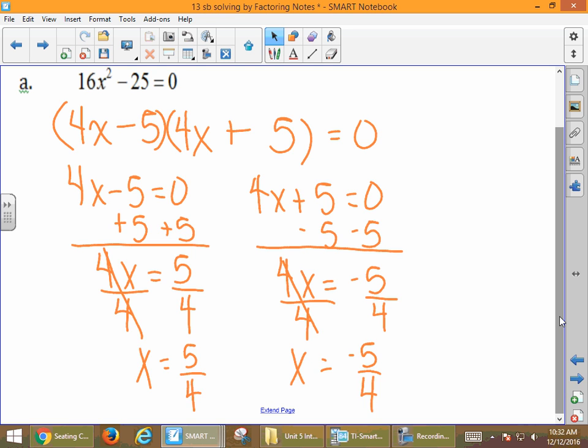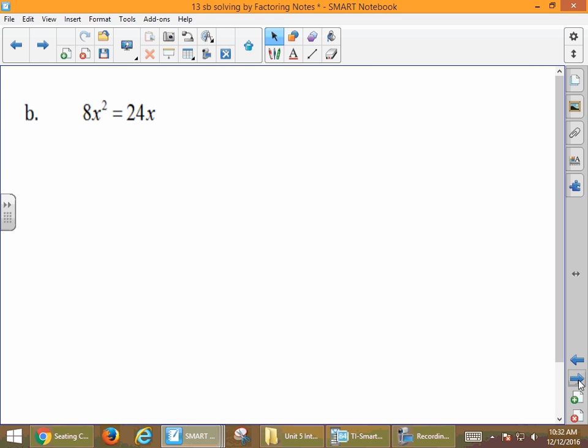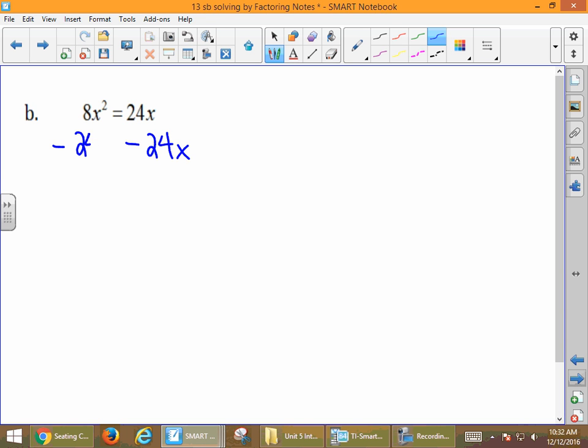Identifying the method of factoring. We can identify it. Well, before we can even identify, what do we have to start with? Well, we have to make sure that our equation is set equal to 0. So we're going to start with subtracting 24x from both sides.